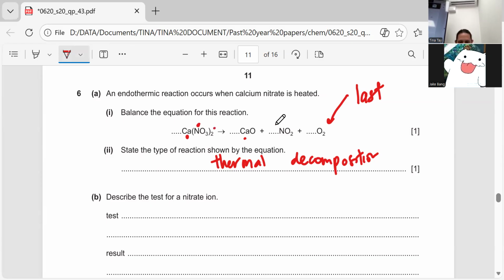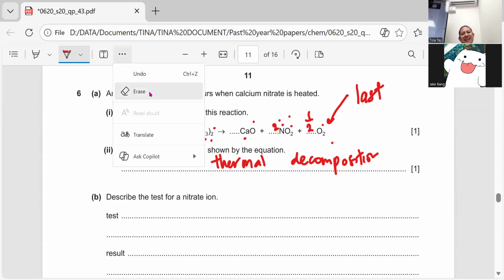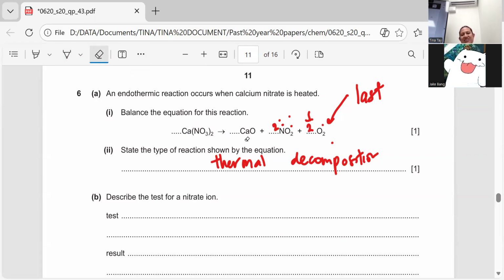Two nitrogen, two nitrogen. 3 times 2, 6. Then 1, 2, 3, 4, 5, 6, 7. Cannot, must do half. So you have to take everything times 2. 2, 2, 4, 1.